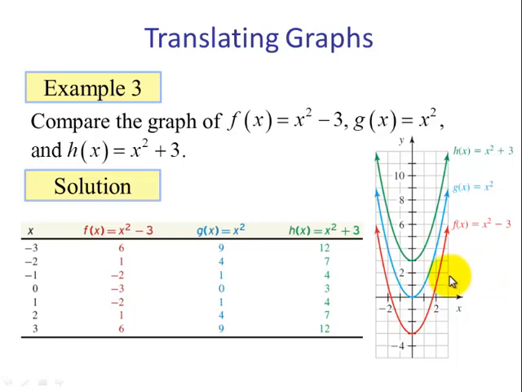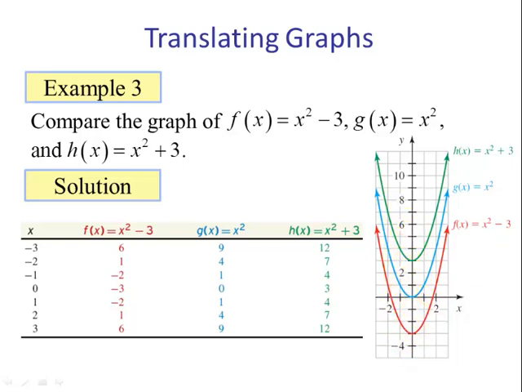Plotting these, we can see for f of x, the vertex has been moved down 3 units because we are subtracting 3. And for h of x, the vertex has been moved up 3 units. So when we add or subtract from x squared, we call this a vertical translation. Either it's going to go up or it's going to go down.